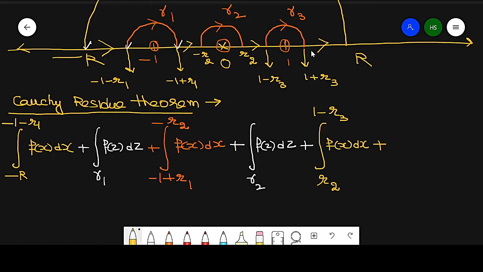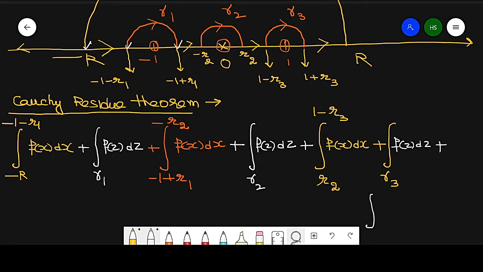Now this is from 1 plus R2 to 1 minus R3. After that, the integration over gamma 3. What is gamma 3? It is the integral of f(z) dz over the third circle, and then again along the real line. What is the real line?